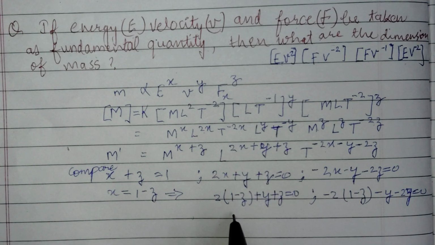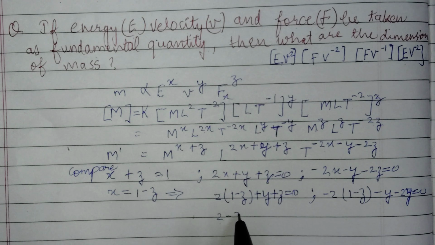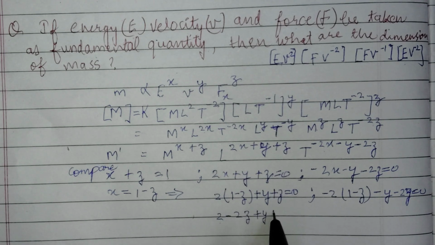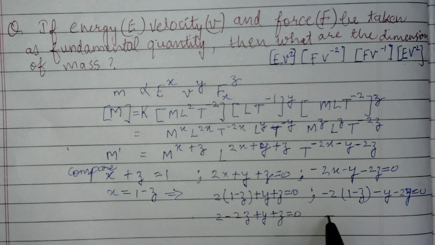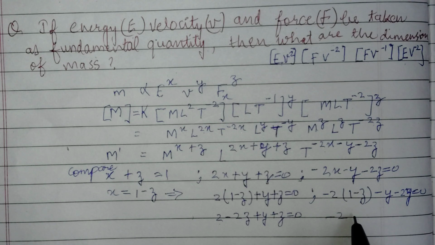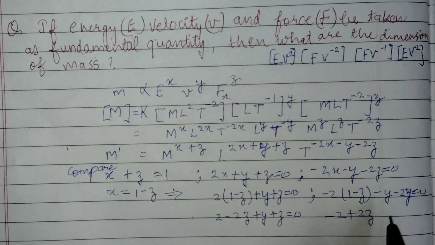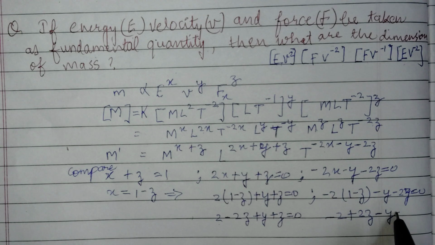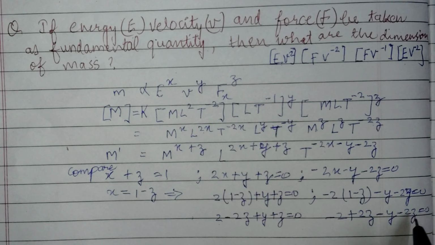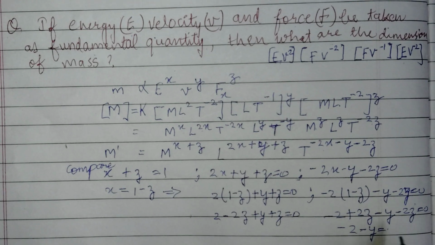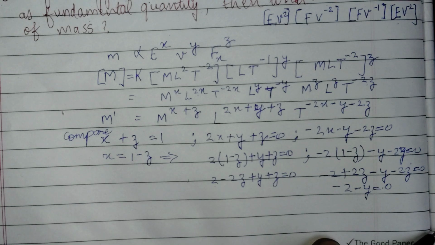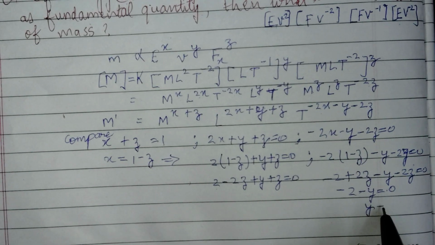Now we solve these two equations: 2 minus 2z plus y plus z equal to 0, and minus 2 into minus z becomes plus 2z, minus y minus 2z equal to 0. The plus 2z and minus 2z cancel out, leaving minus y minus 2 equal to 0. It gives us y value as minus 2.